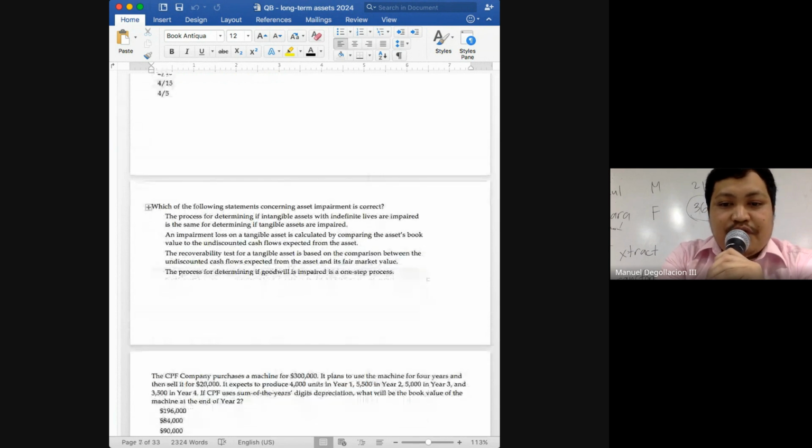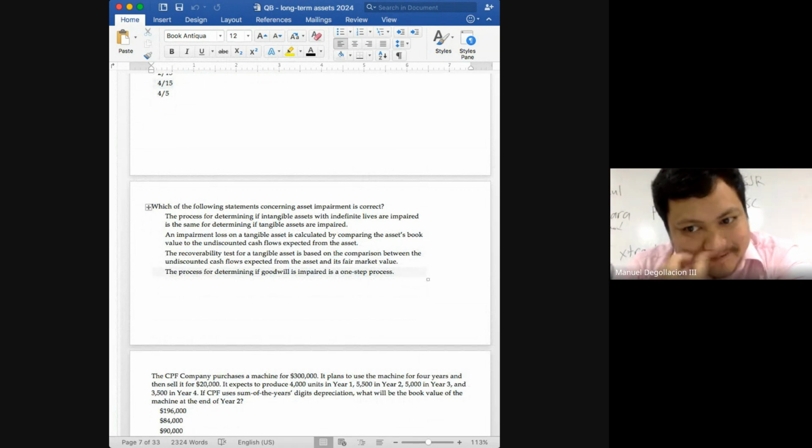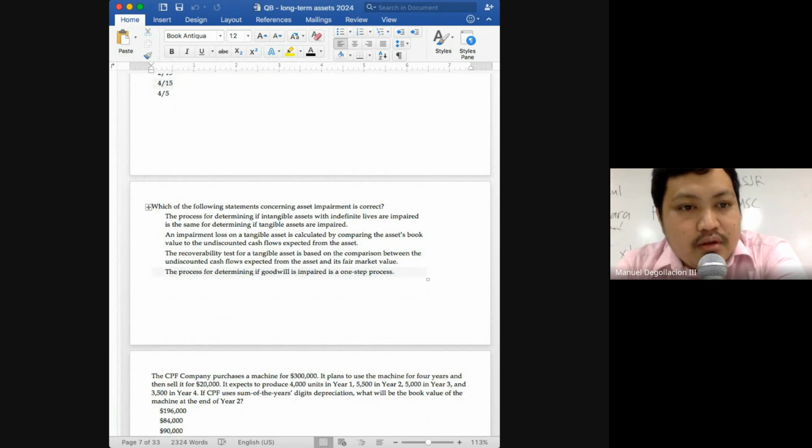Next, which of the following statements concerning asset impairment is correct? Let's check the first choice. The process for determining if intangible assets with indefinite lives are impaired is the same for determining if tangible assets are impaired.